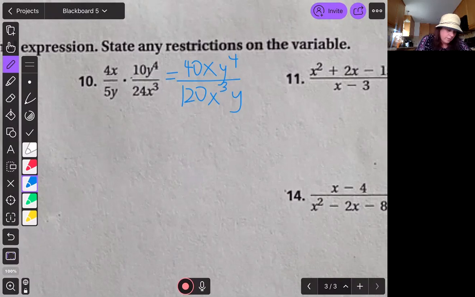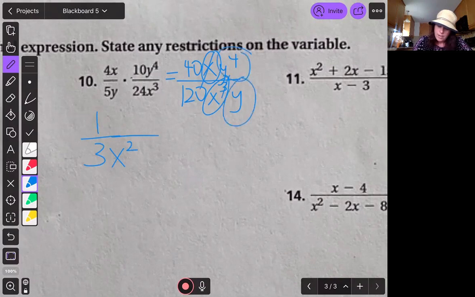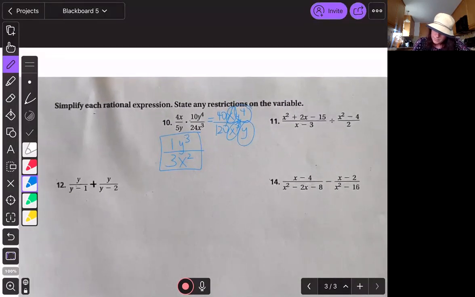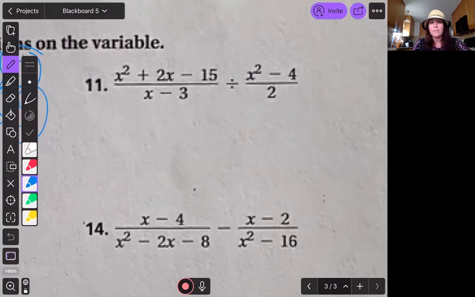You can use your calculator: 40 divided by 120, hit math fraction, it gives you 1/3. Now we have the x's to reduce. There's 1 up top and 3 on the bottom, which leaves 2 on the bottom when we reduce 1 out. Then I have 4 y's up top and 1 y on the bottom, so that gives me y cubed. So that's completely simplified.